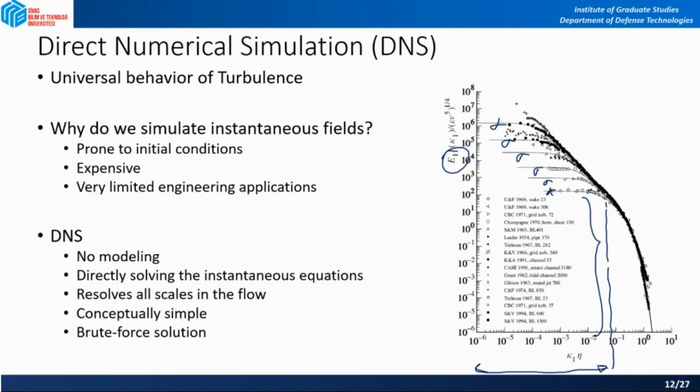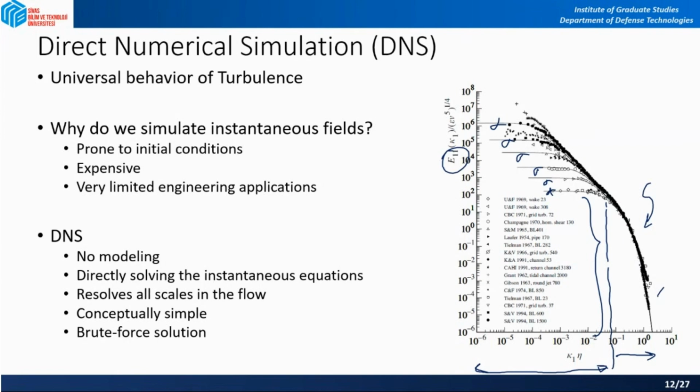But as you can see, if you travel towards higher wave numbers, meaning that you have smaller scales, all of these energies will collapse onto one curve. So we have what we call the inertial subrange.